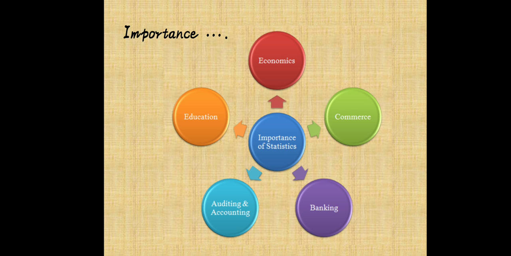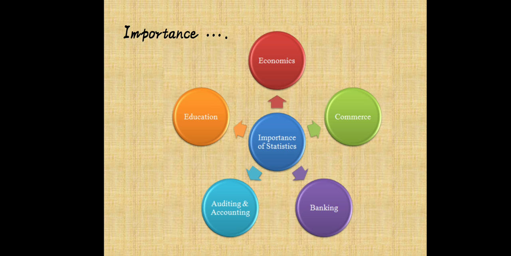Here we can see some departments or streams where we need statistical information, like economics, commerce, banking, auditing and accounting. Auditing and accounting is a department where the numerical presentation should be in a proper, systematic manner, so we definitely need statistics here.